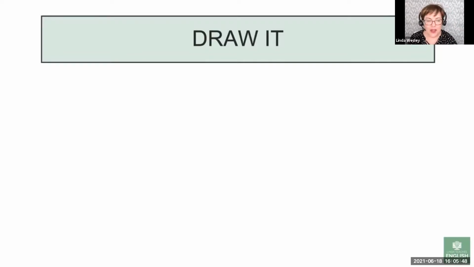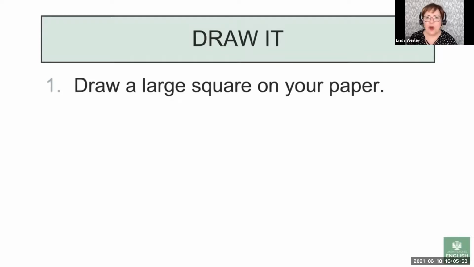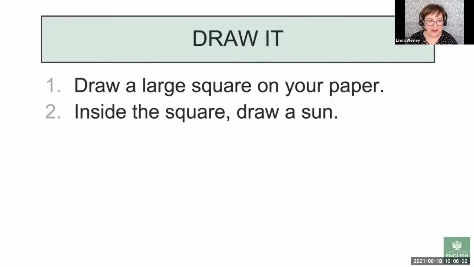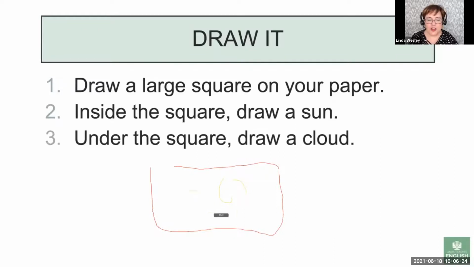Okay, so here we go. I'll make this a combination of listening and reading today. Number one, draw a large square on your paper. Number two, inside the square, draw a sun. Number three, oh, we have an artist. Number three, under the square, draw a cloud.